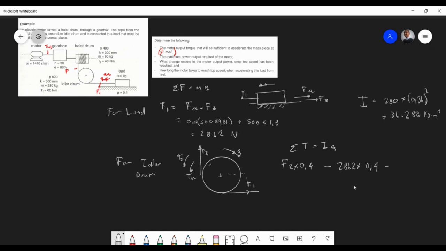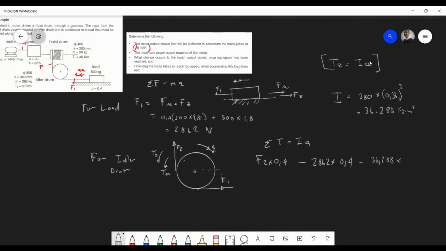But of course, Tz is equal to I times alpha. Very important. So that's going to be 36.288 times, of course, we can relate the angular acceleration to the linear acceleration. That's going to be 1.8 divided by the radius of 0.4. And the last one we need is a frictional torque of minus 60.